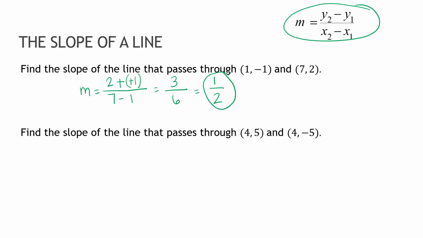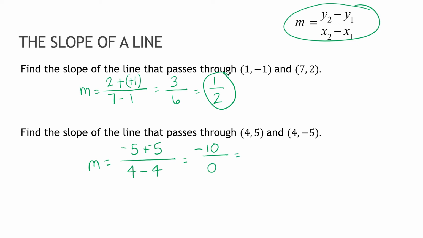If I look at my second example, I have y2, which is negative 5, minus y1, which is positive 5, over x2, which is 4, minus x1, which is 4. My numerator, again, it's negative 5 minus 5, so it's really plus negative. So that's negative 10 on the top. 4 minus 4 is 0.